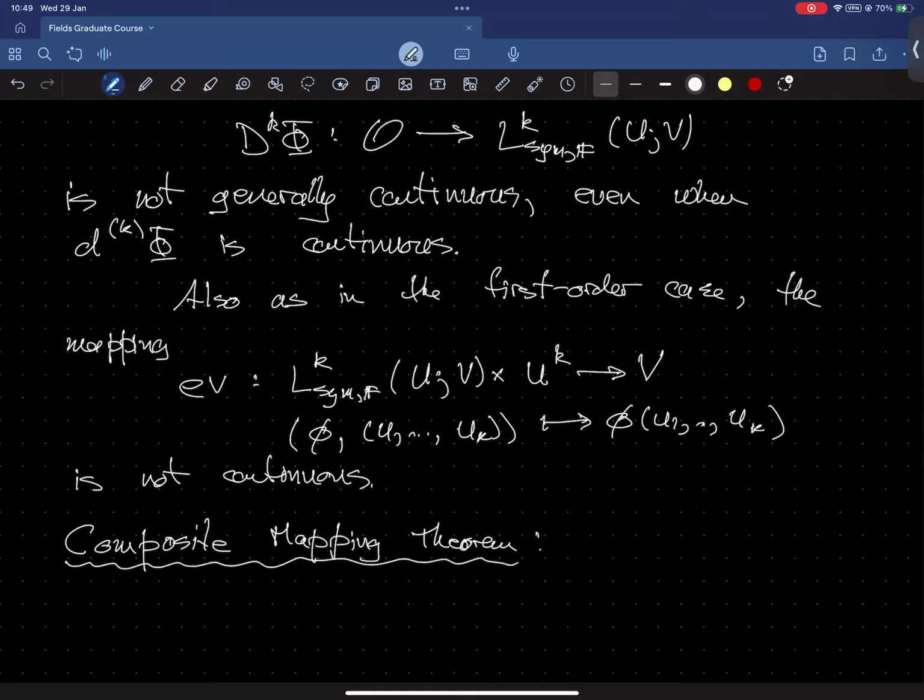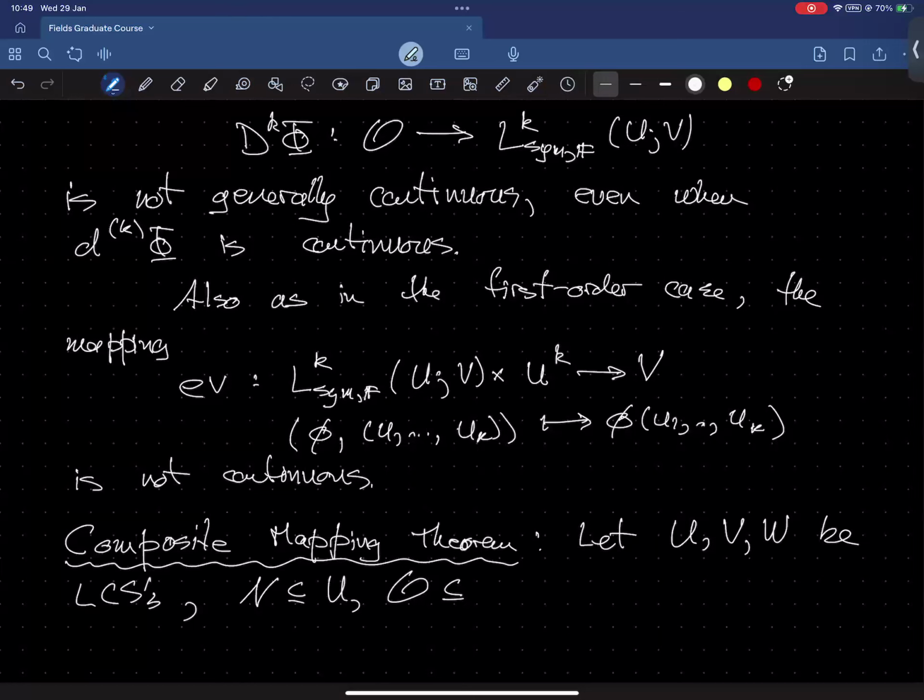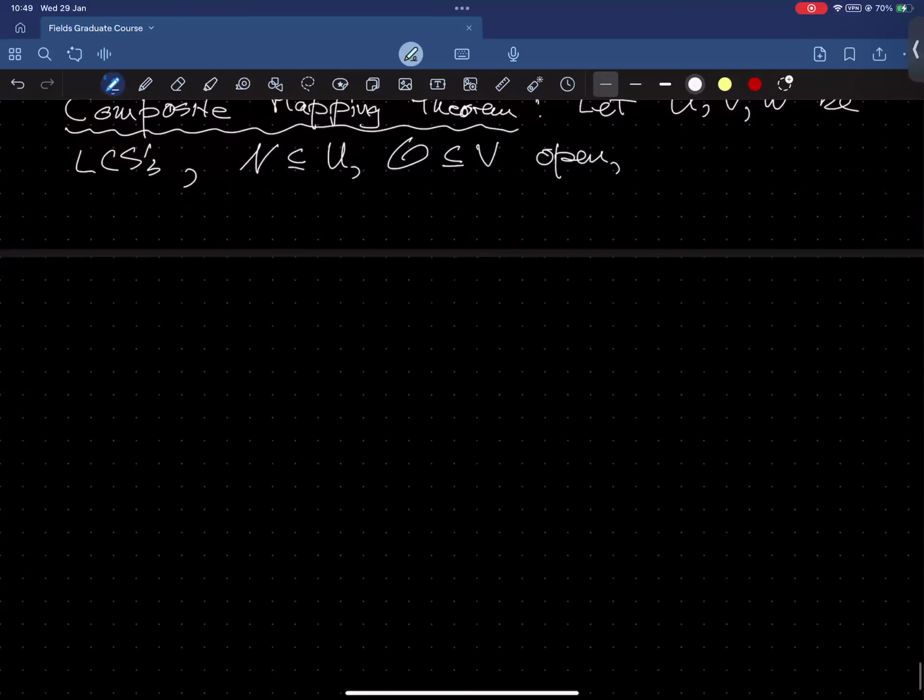And so what this says is we have locally convex spaces. So we have two mappings we're going to compose. So there's going to be three locally convex spaces. We're going to take open sets N in U and O in V. Okay. Then I'm going to take mappings.